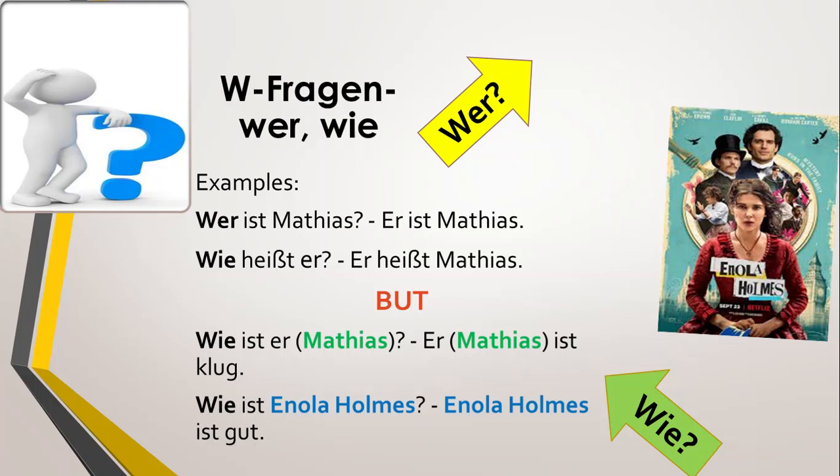Now, for the time being, I will just show you two W-Fragen, just so that you don't get confused. And these are the questions that I just covered previously. Wer, which means who, and wie, which means how.